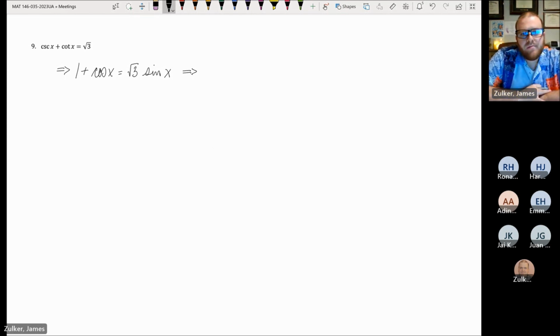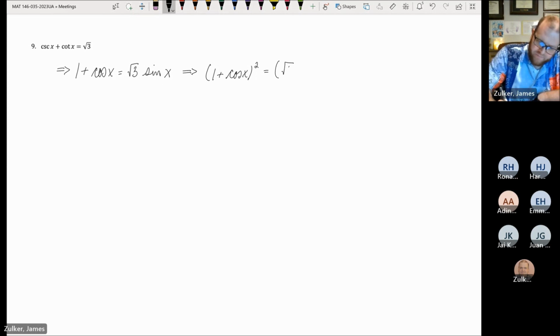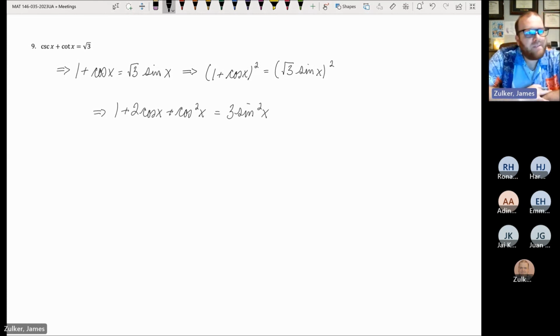Now, let's square both sides. And then use the fact that sine squared is 1 minus cosine squared.